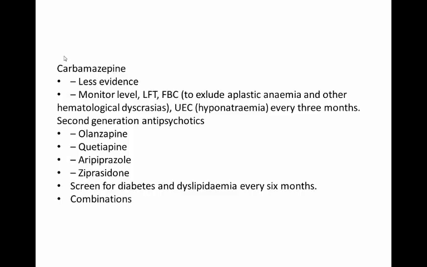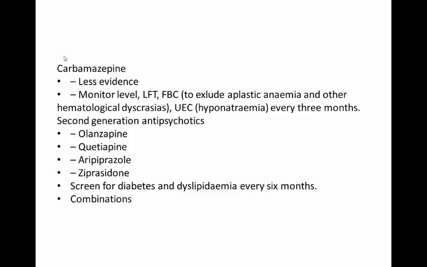Carbamazepine is another mood stabilizer for which there is somewhat less evidence. It also needs to have its level monitored, including liver function and monitoring for hematological dyscrasias, as well as hyponatremia every 3 months. Then there are a range of second-generation antipsychotics which may be used and are often actually used in acute mania, including olanzapine, quetiapine, aripiprazole, ziprasidone.